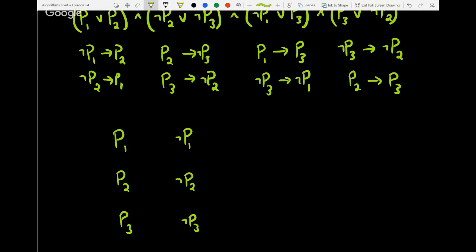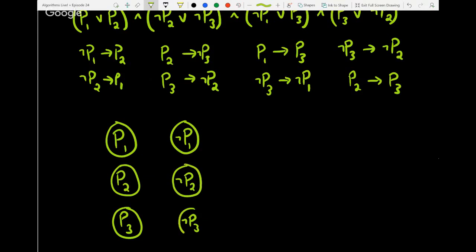It's a 3-variable graph, so you always need 2n nodes, where n is the number of propositions. So not P1 implies P2, not P2 implies P1, P2 implies not P3, not P2 implies P3.